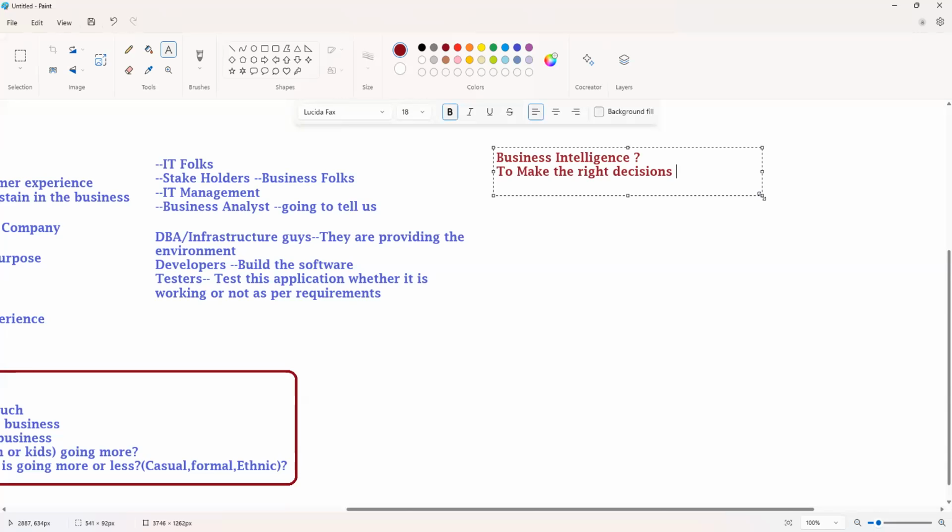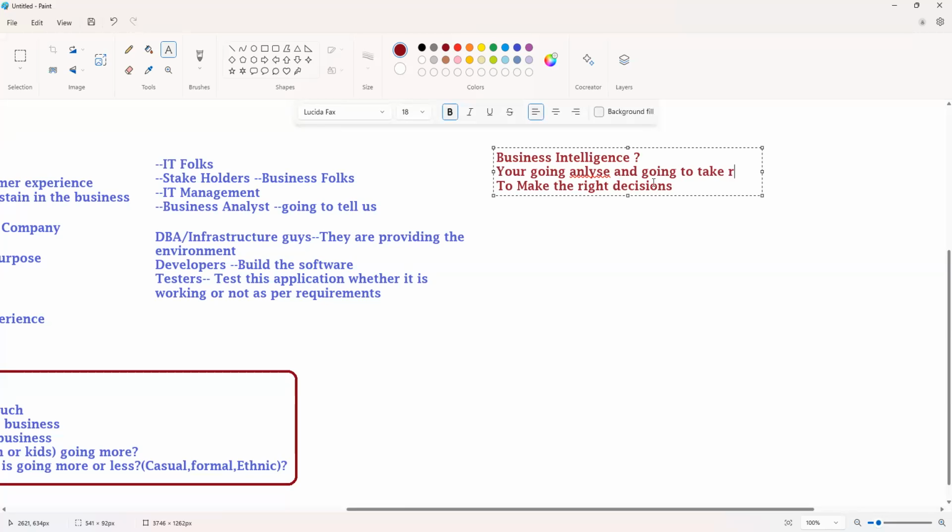If you don't analyze the data properly, then what is going to happen? I'll give you one simple use case, and you are aware of it. You are going to analyze, and then you are going to take the right decisions.